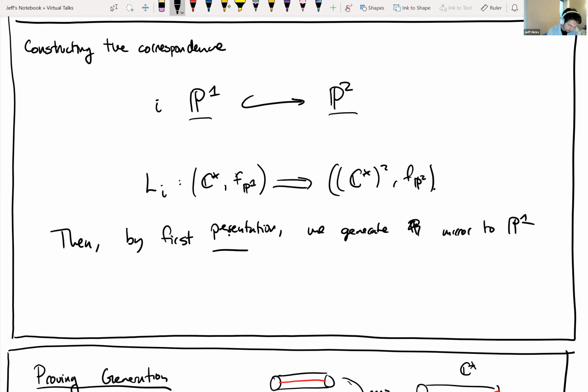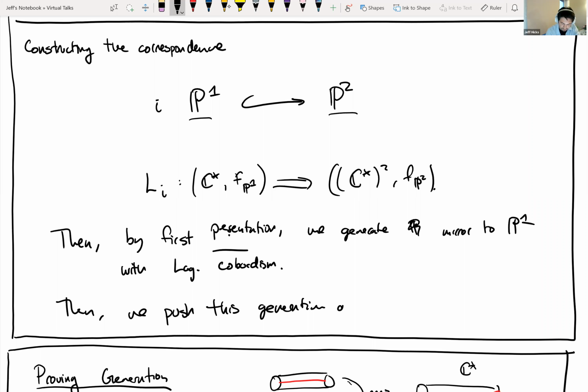And then we push generation along the correspondence. So all of this depends on proving that many expected mirror symmetry properties hold between the inclusion of a divisor into P2 and this Lagrangian correspondence, which is supposed to be mirror to the inclusion.